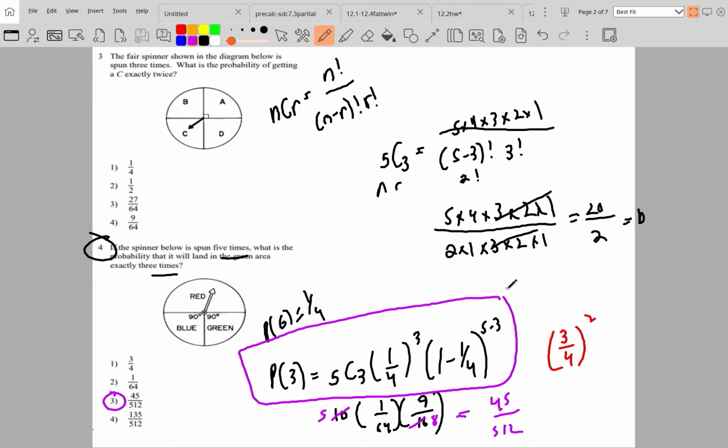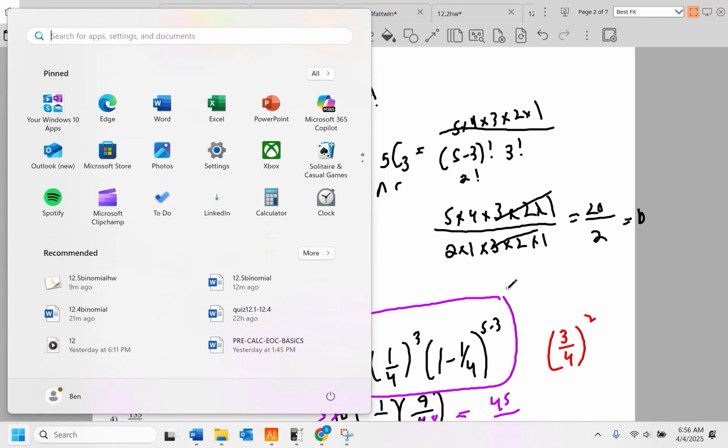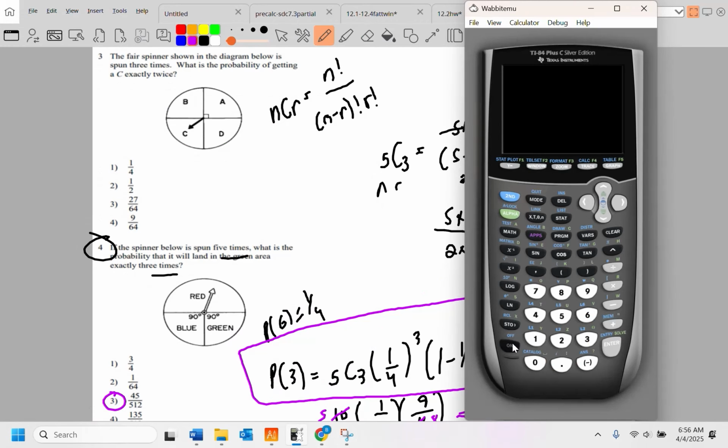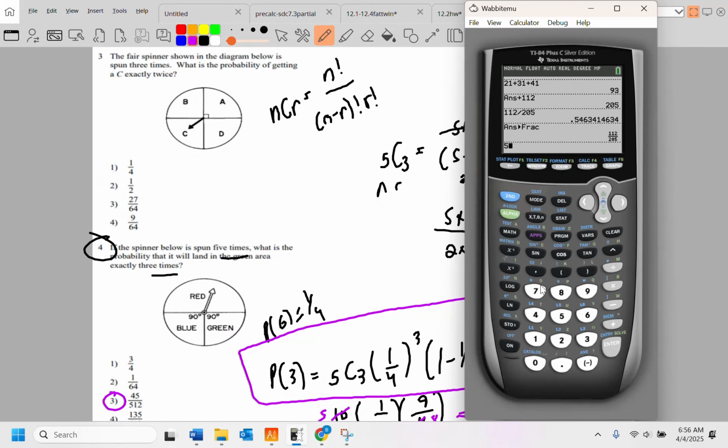And I would have been happy if you would have pushed that in the calculator. That's the main thing, is you show the setup. Because on your EOC, this will either be where you have a calculator, or they will write out the formula for you to pick it out. They'll do one of two things. So we got 5 choose 3. And the state of Tennessee might be using a slightly different notation too, which is worth talking about.